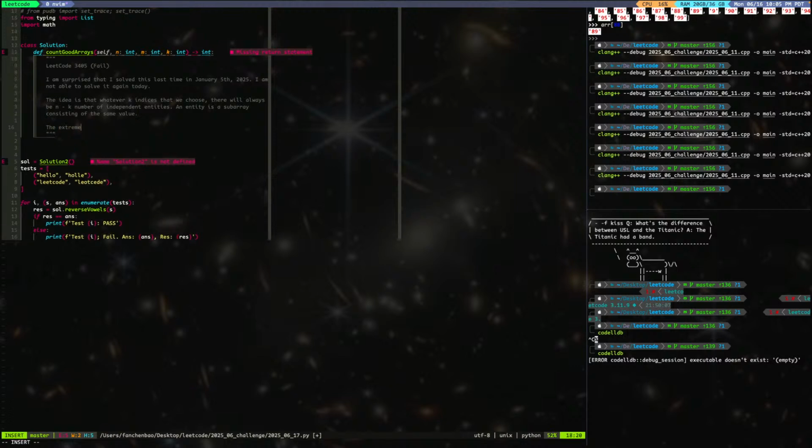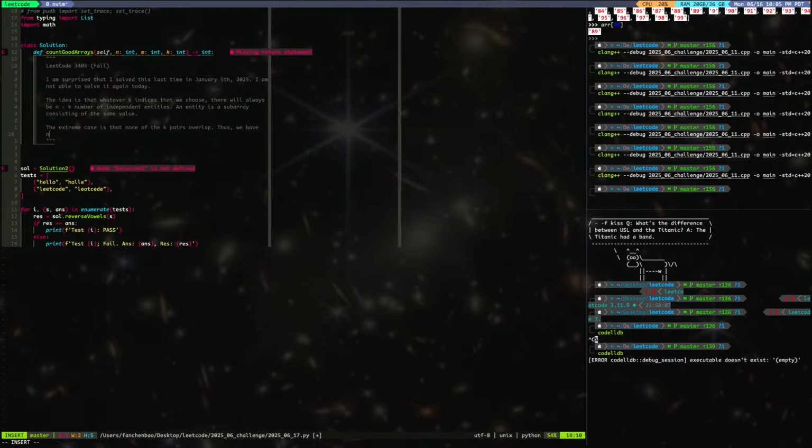The extreme case is that none of the k pairs overlap, right? Thus, we have n minus 2 times k plus k, equal to n minus k independent entities.